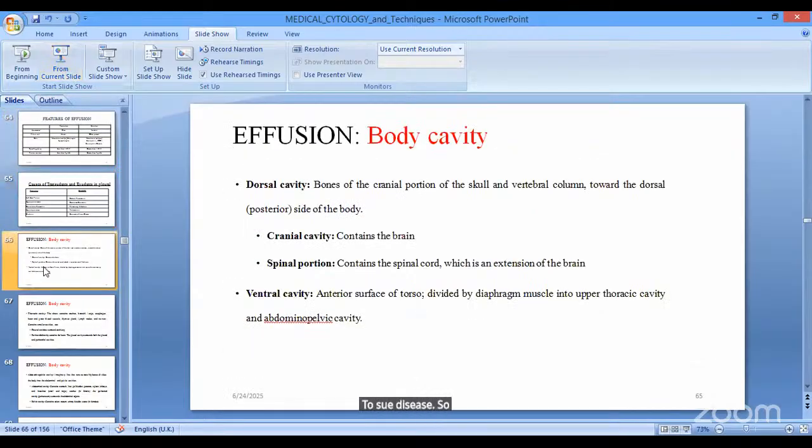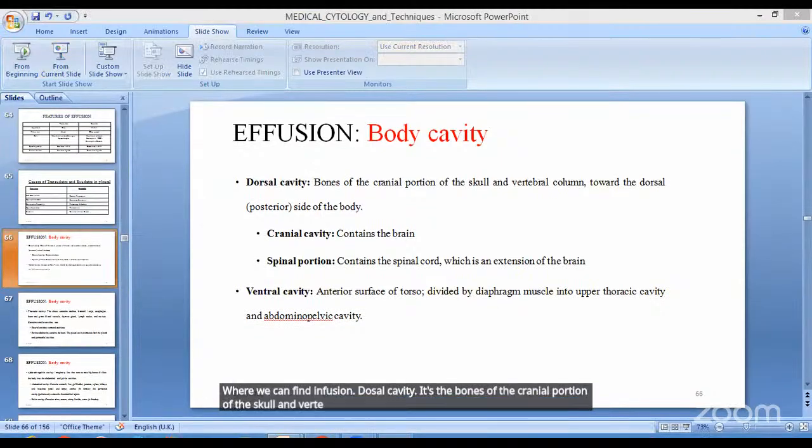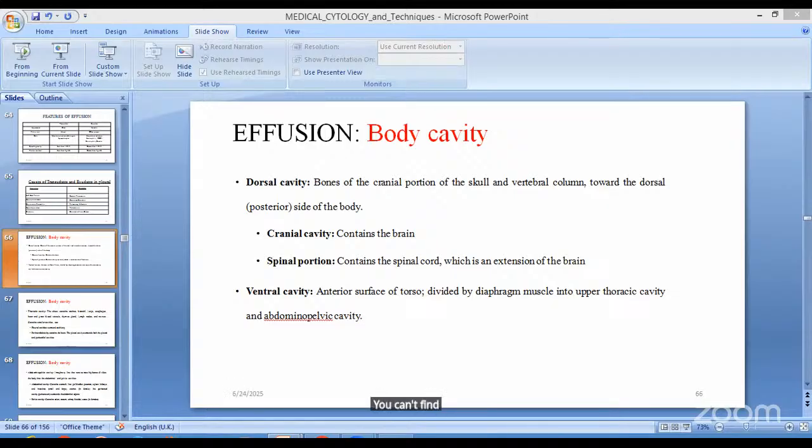So, body cavity now, where we can find effusion. Dorsal cavity is where bones of the cranial portion of the skull and vertebral column lie towards the dorsal posterior side of the body. You can't find effusion there. The cranial cavity, the brain, you can't find effusion.